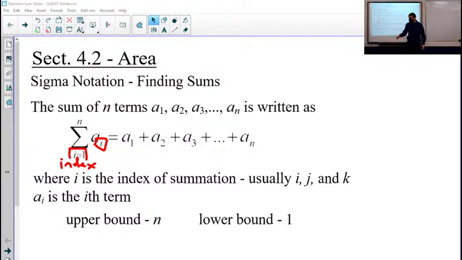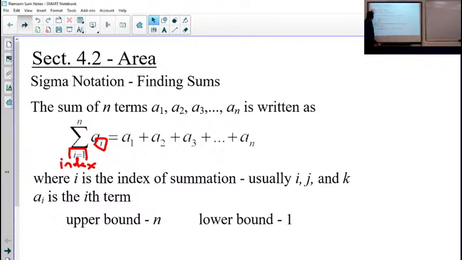And so i equals 1 to n, or i equals 1 to 10, for example, means that we are going to add up 10 different numbers. And so that's what this is being used to notate. And so then we'll put a sub 1, plus a sub 2, plus a sub 3, and then the last term will be a sub n, the nth term.